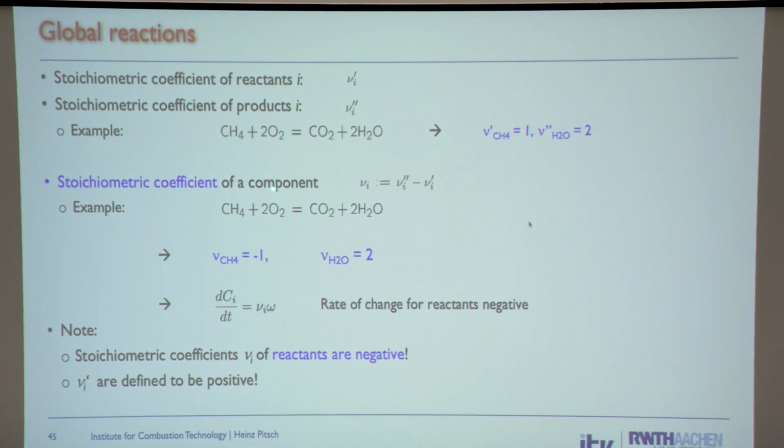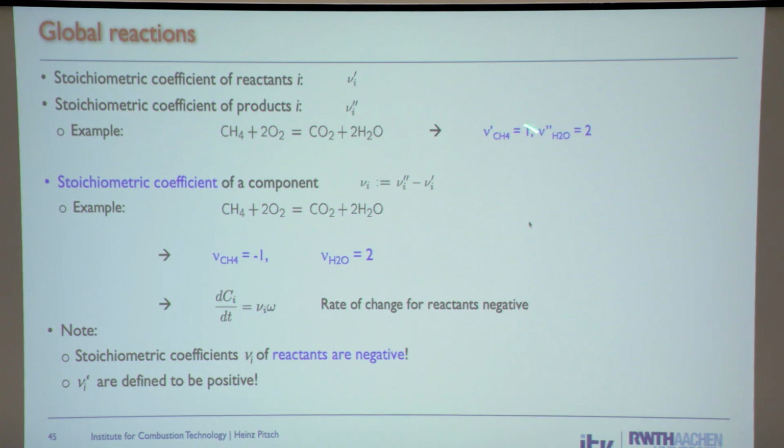So nu prime is all the left-hand side species, and nu prime prime is the right-hand side species. We can do this for both elementary and global reactions. They're defined to be positive. Here the nu prime for CH4 is 1, and nu prime for H2O is 2.